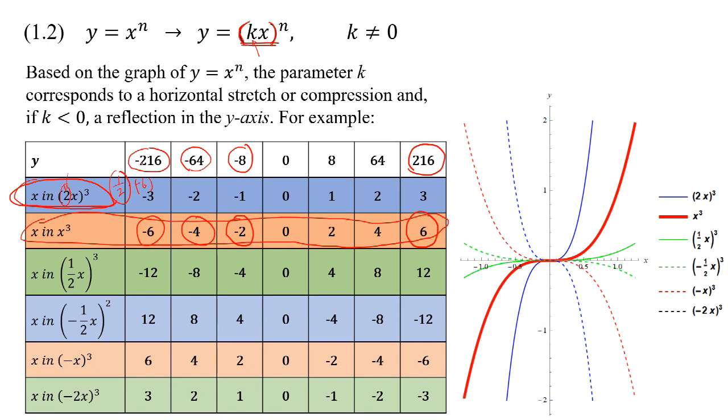So, for example, if the y value is -216 and the original value is -6, the new value of x in the new function must be 1/2 of the original value -6, which is -3, right? Can you follow me?